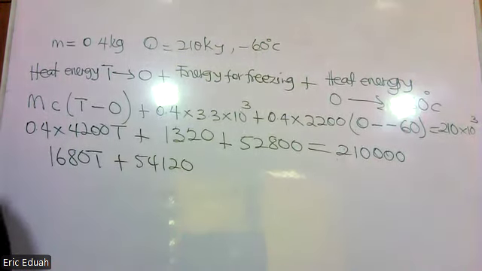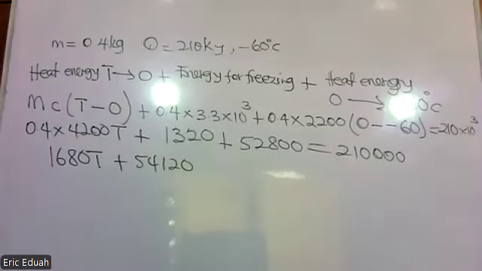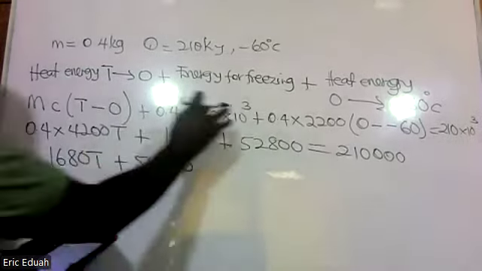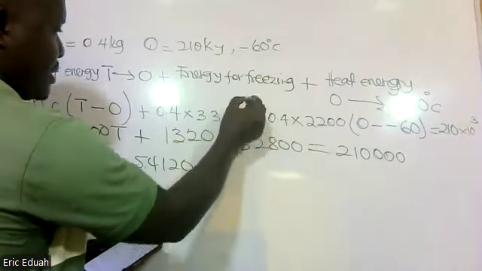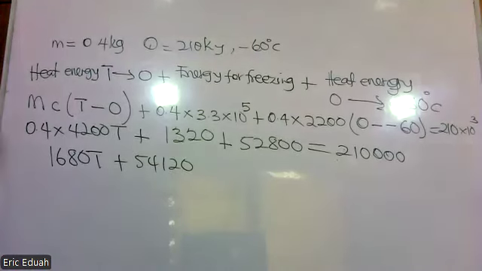Let me check the decimal. Let's check the specific heat capacity, 3.0. Okay, 3.3 times 10 to the power 5. I misquoted it.